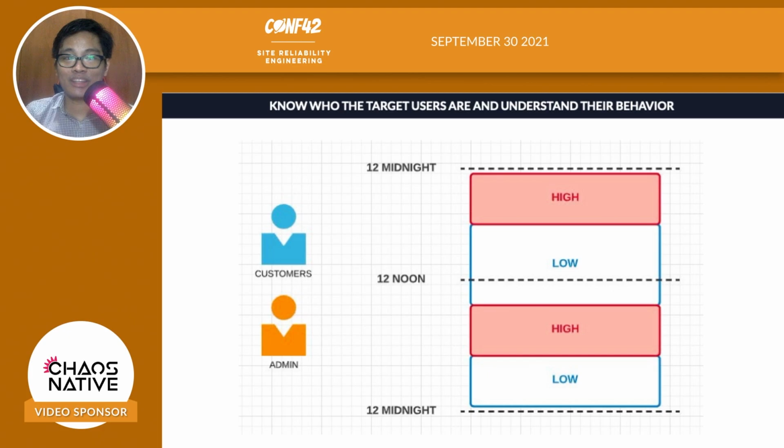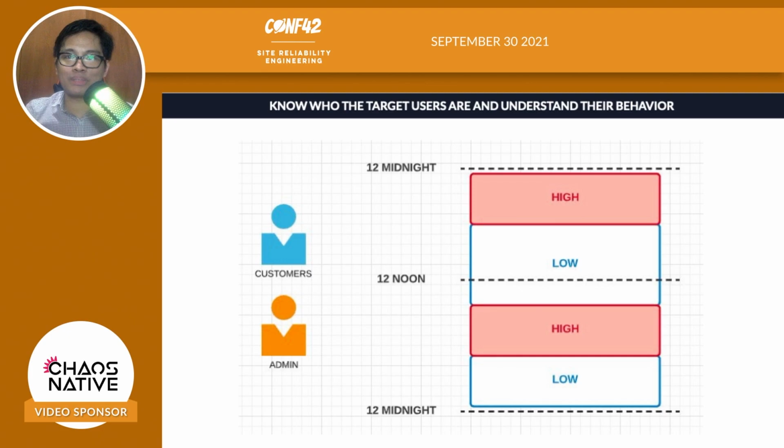So in this example here, maybe your customers, for some reason, use the site between 12 midnight and 3 a.m. And then maybe they go back to your site again 3 p.m. to 7 p.m. So it really depends on your application. This really depends on the users, the target market, and the behavior changes also day to day. Maybe during weekdays, they behave like this. During weekends, they behave in some fashion.